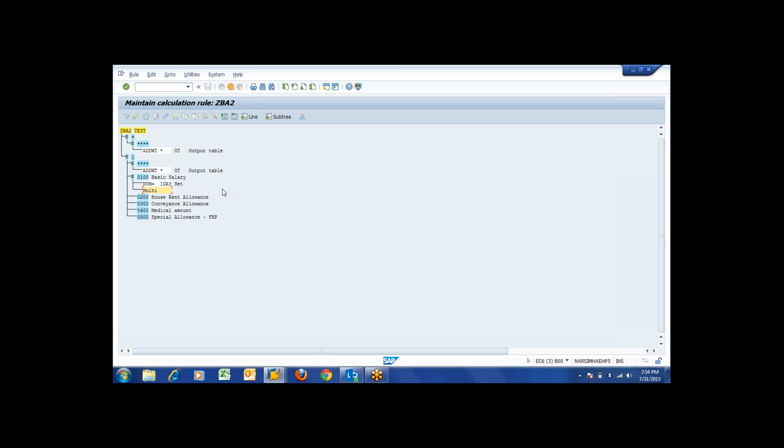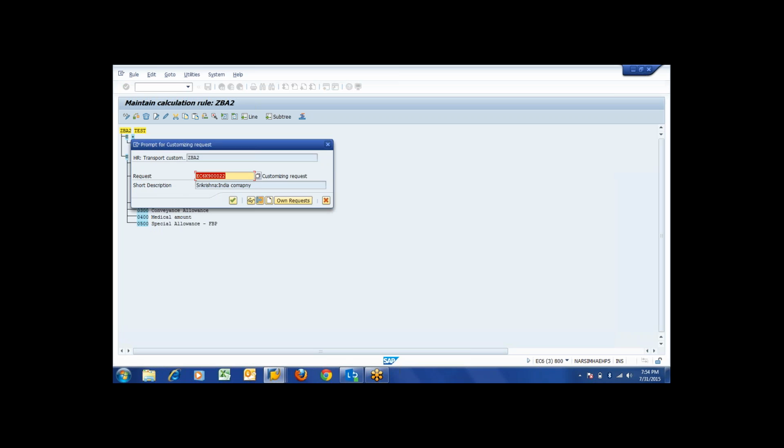So I am using an operation called MULTI, that is multiply rate into number is equal to amount. And I am adding to output table as it is.